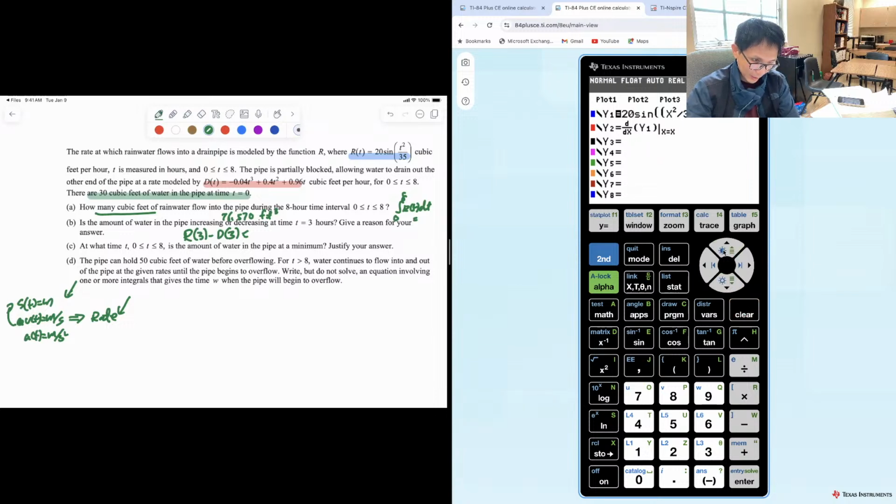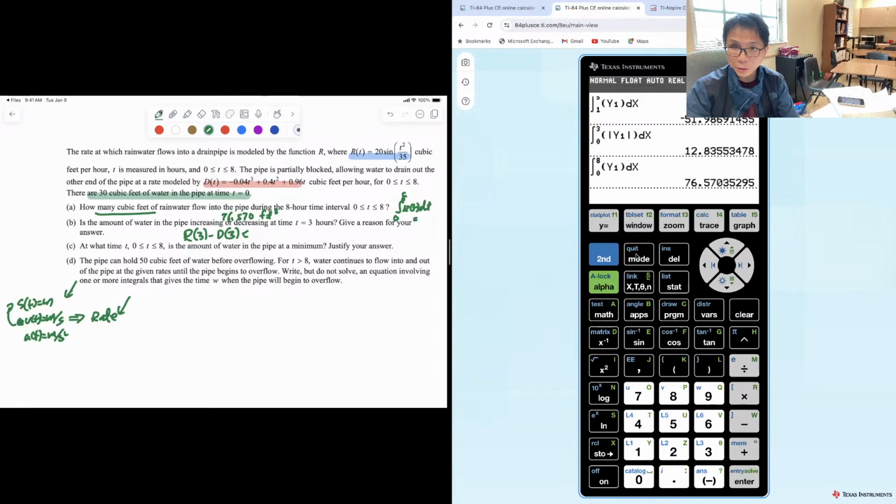That's negative 0.04 x to the third plus 0.4 x squared plus 0.96 x.